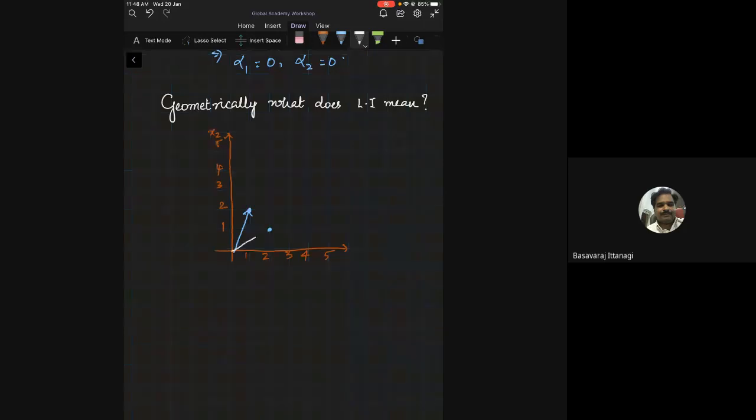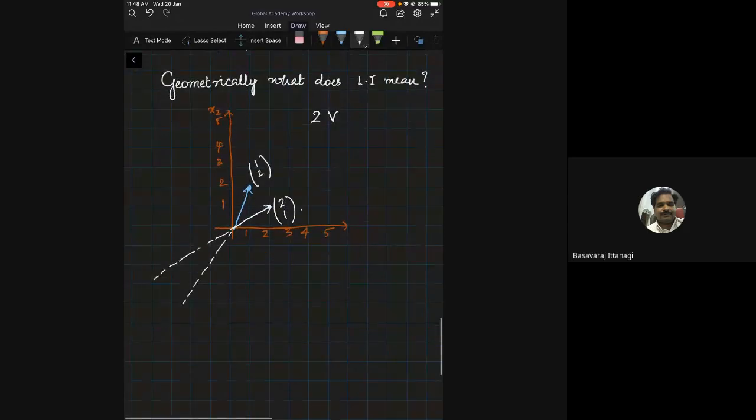So now what is it that we see? These two are in two different directions. This is the (1, 2) vector and this is the vector (2, 1). So we say that geometrically, linearly independent vectors mean these two vectors should be on two different lines. They are on two different lines if you actually see. So we say that two vectors are linearly independent if they are in different directions.